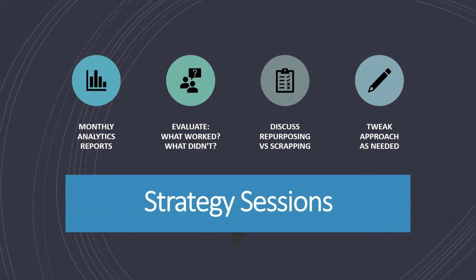Adjust your approach, figure out where you can make changes and improvements. And so that would be at the end of whatever period, let's just call it a content period. So you need to be having planning sessions, and you need to be having strategy sessions to figure out what worked, what didn't, what you can fix, what you need to get rid of, and then you do it all over again.